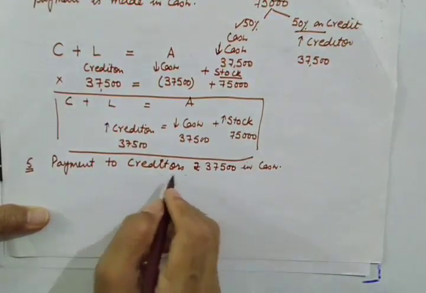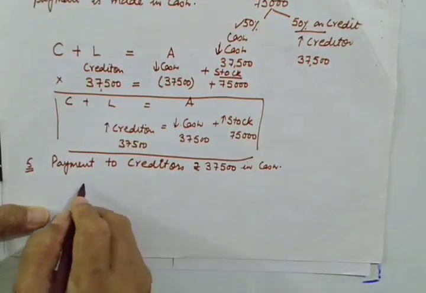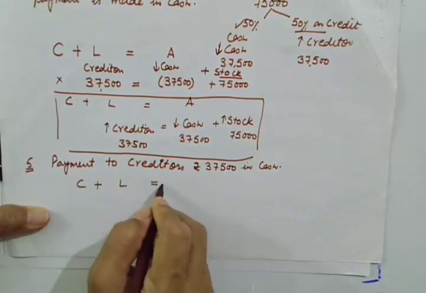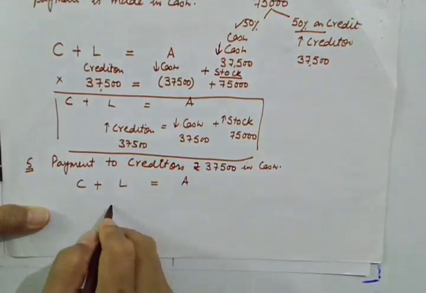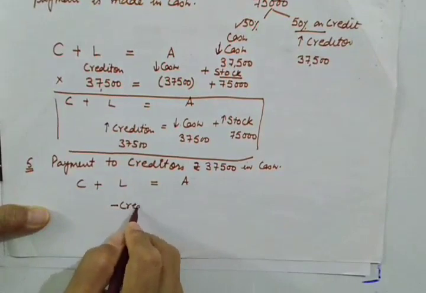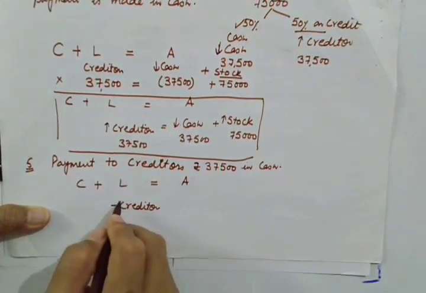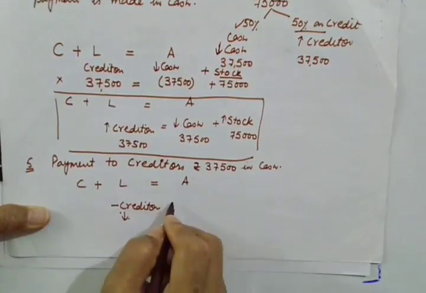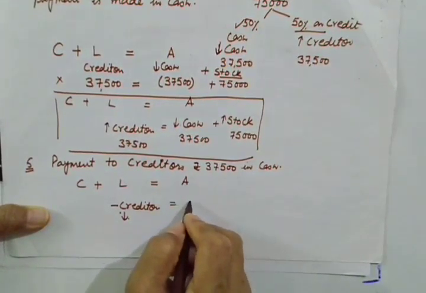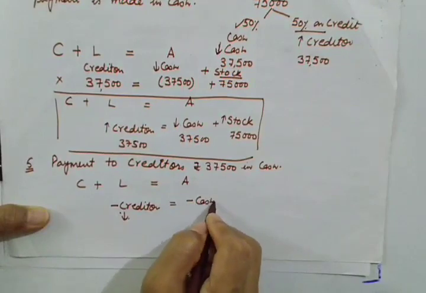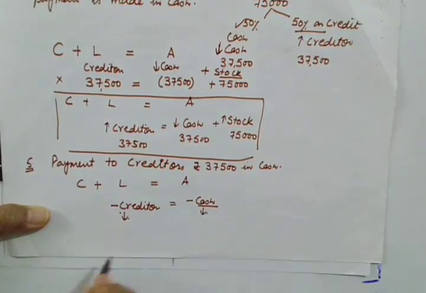So what will happen if you are paying creditors in cash? C plus L is equal to A. Your liability, your creditors, will reduce, and on the other side it will be deducted from the cash because your cash will also reduce.